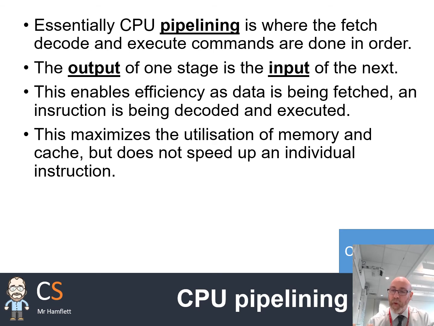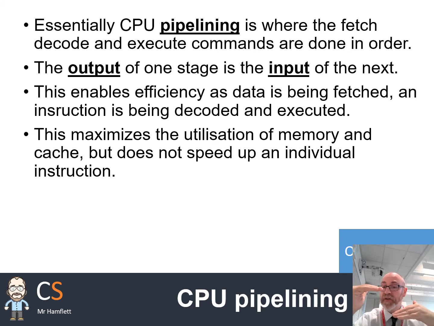Now, why is it useful? Well, it does allow efficiency still, because even though a single instruction can only be fetched, decoded, and executed in series, I can have some parallelism, and this is where the misconception comes in. When I'm doing it, I am fetching one instruction whilst decoding another.